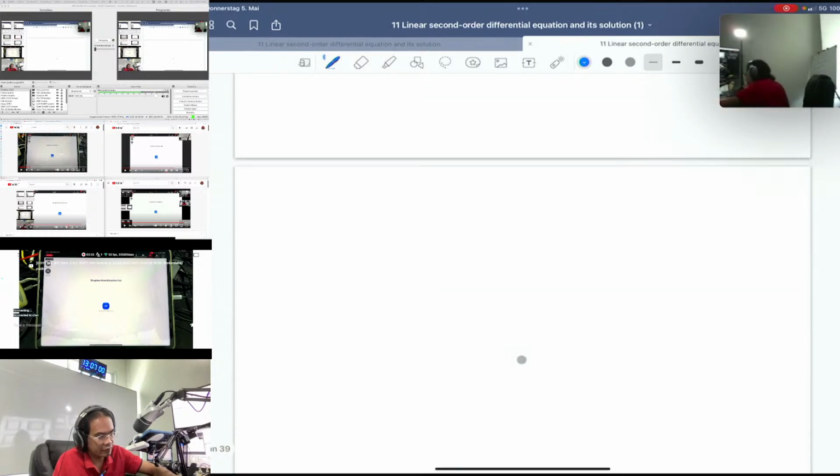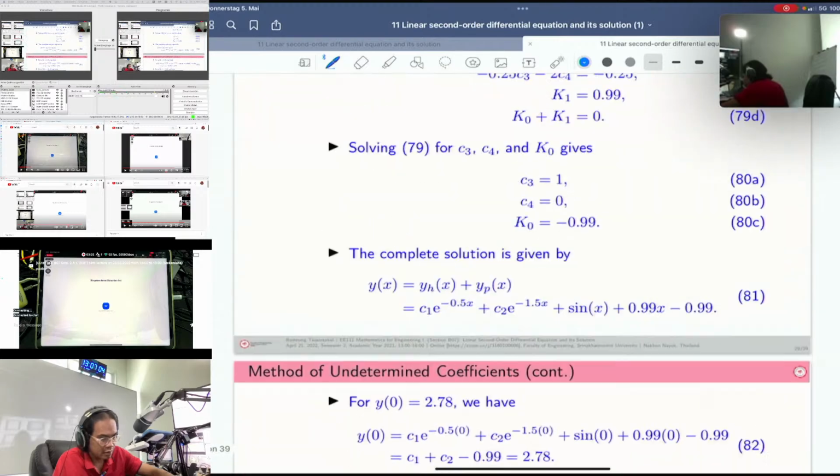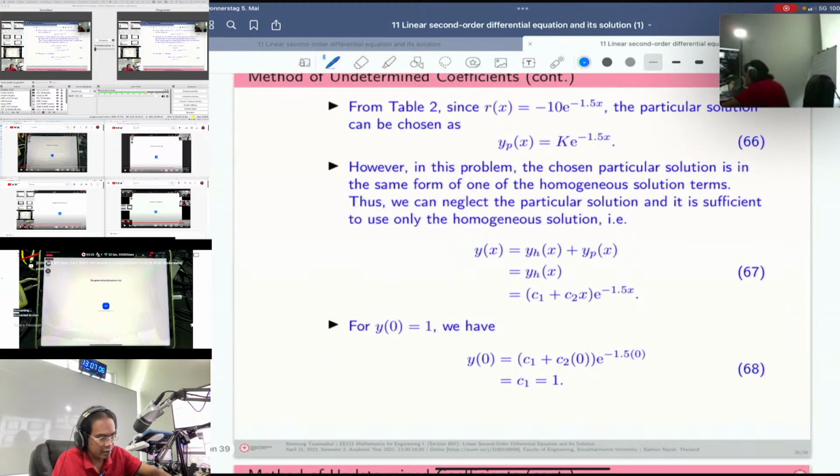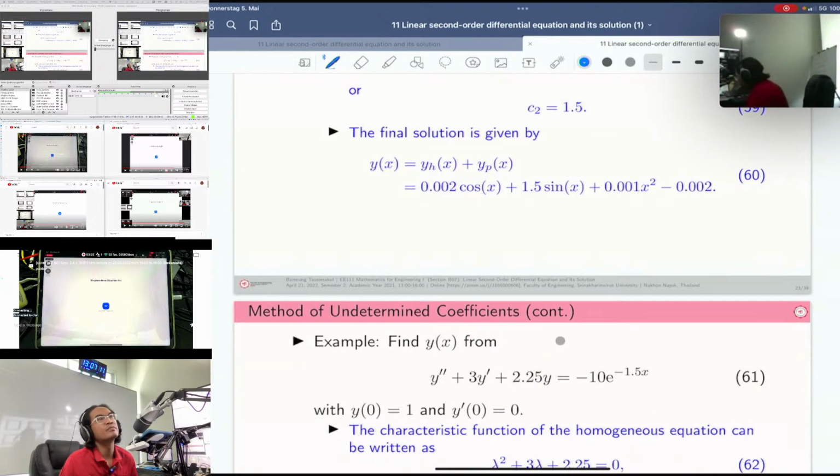I'm not sure whether we have more time to complete chapter 12. Okay, just this one. I hope everything is fine.